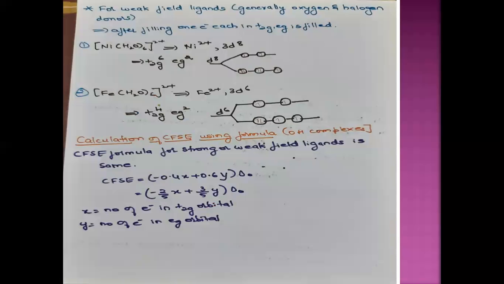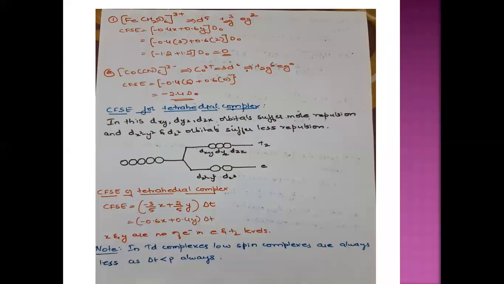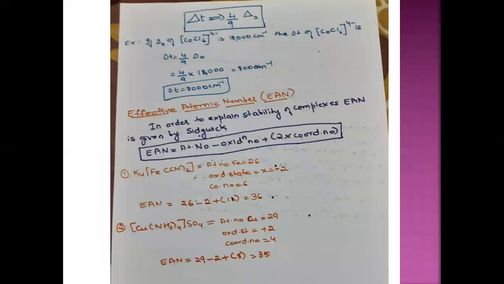So this is regarding the crystal field stabilization energy of octahedral and tetrahedral complexes. The last topic remaining is the relation between the crystal field splitting of octahedral and tetrahedral complexes. Remember this formula: delta T stands for the crystal field splitting of the tetrahedral complex and delta naught stands for that of the octahedral complex.